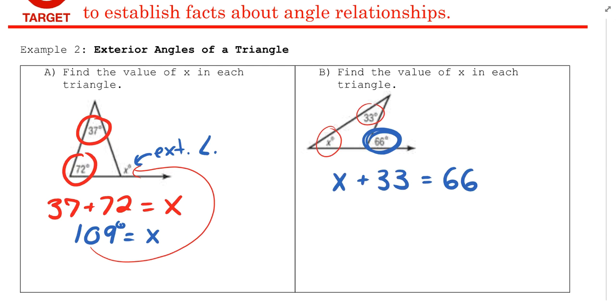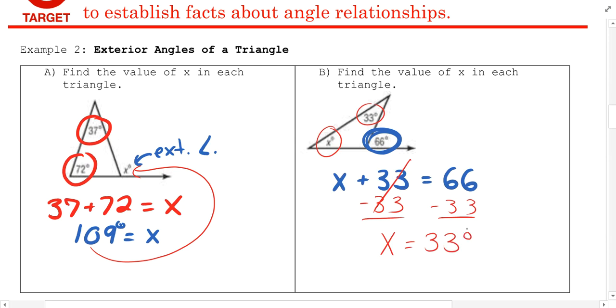And then I would solve like any one-step equation, subtract 33 from both sides, and I can see that x is going to be equal to 33 degrees. So my missing interior angle is 33 degrees.